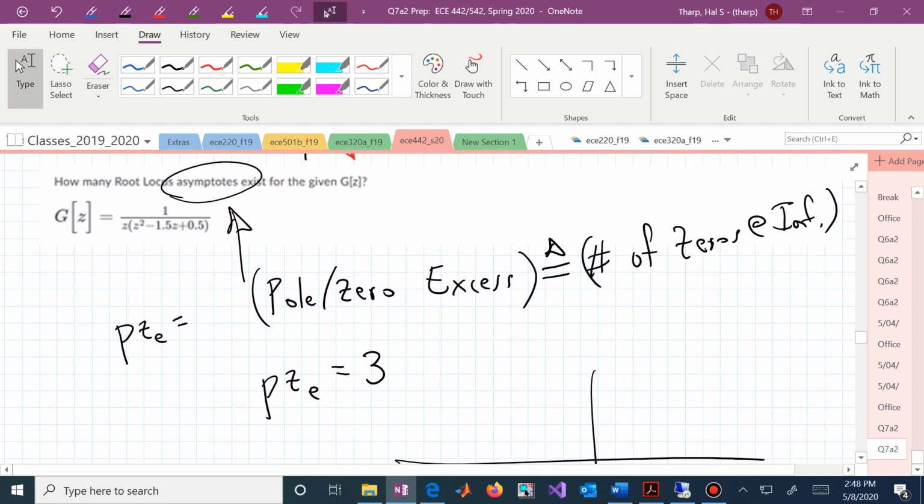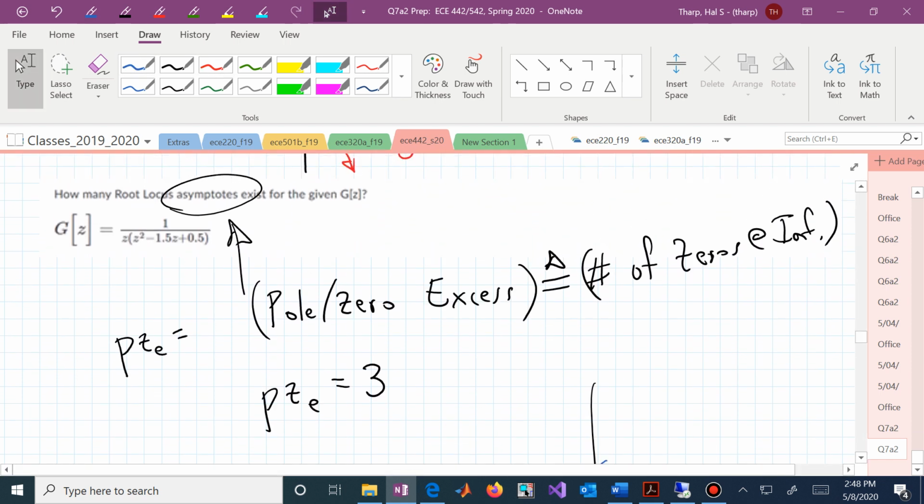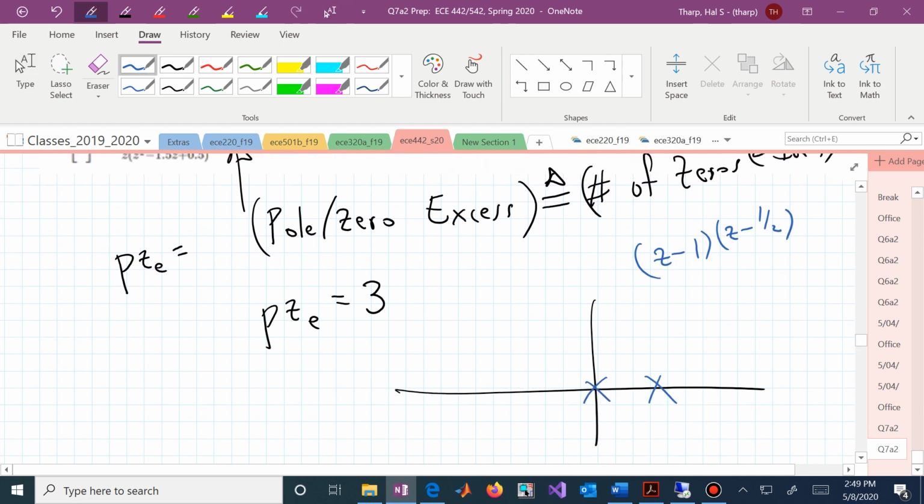What some people may have quickly forgotten is we have a pole here, and we have another 2 poles somewhere. We could find where those are, but it doesn't really matter. Those are going to be z minus 1 and z minus 1/2 if we factored that second quadratic.